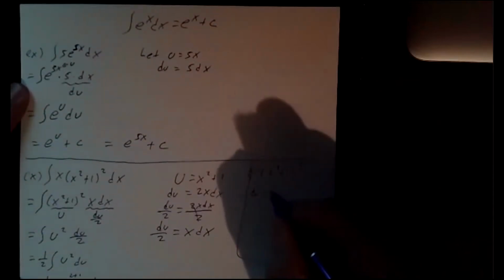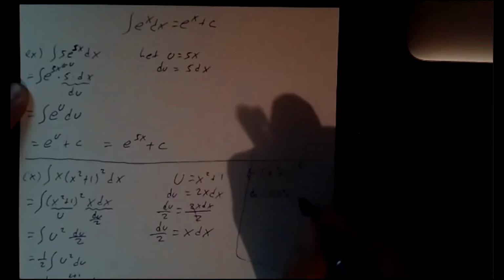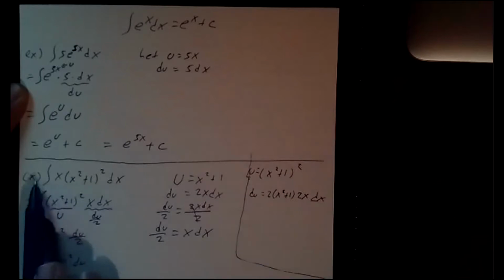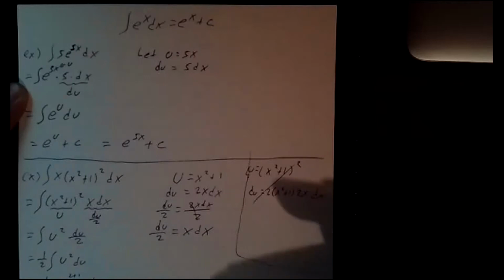That would end up with something not at all helpful, and that's nowhere in the question. So if you notice that the derivative does not appear in the question, then you chose a wrong u. Right away, you know that was not a good choice.